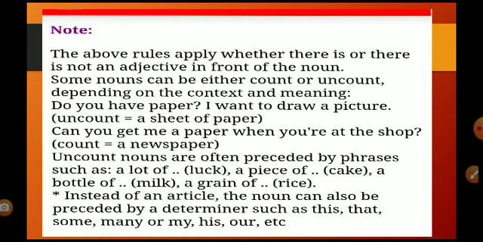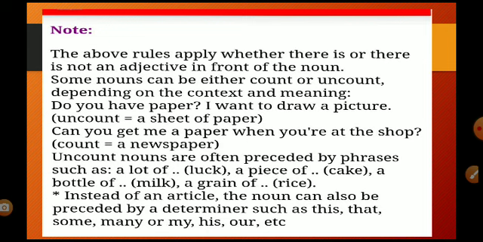Next, uncountable nouns are often preceded by phrases, as you know, a lot of, a piece of, a bottle of, a grain of. Like we can say, a lot of luck, a piece of cake, a bottle of milk, a grain of rice.